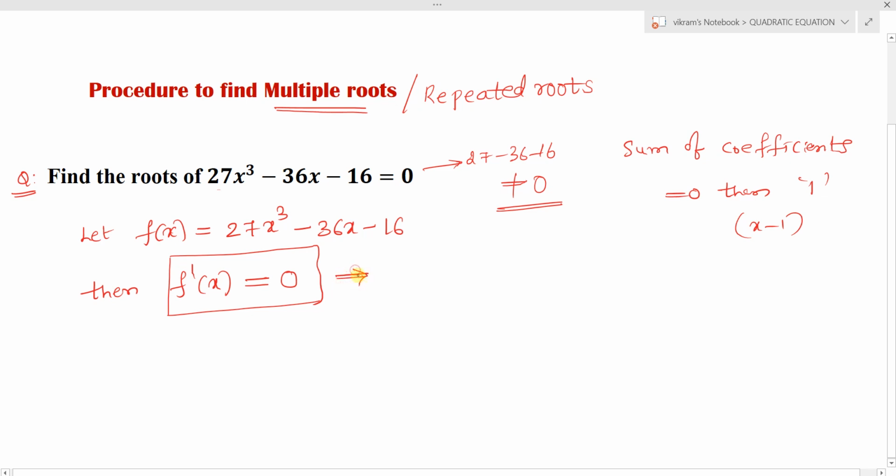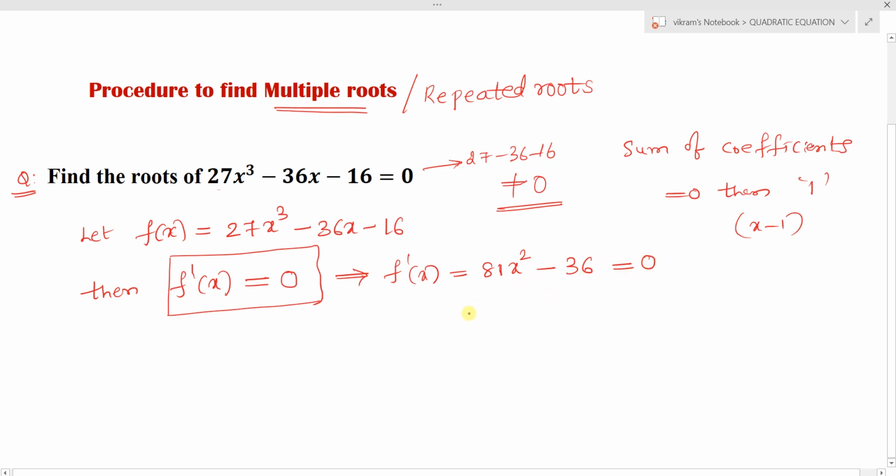What is f dash of x? It is the derivative of the assumed f of x. So 27 into 3, that is 81x square minus 36. Now this has to be equated to 0.